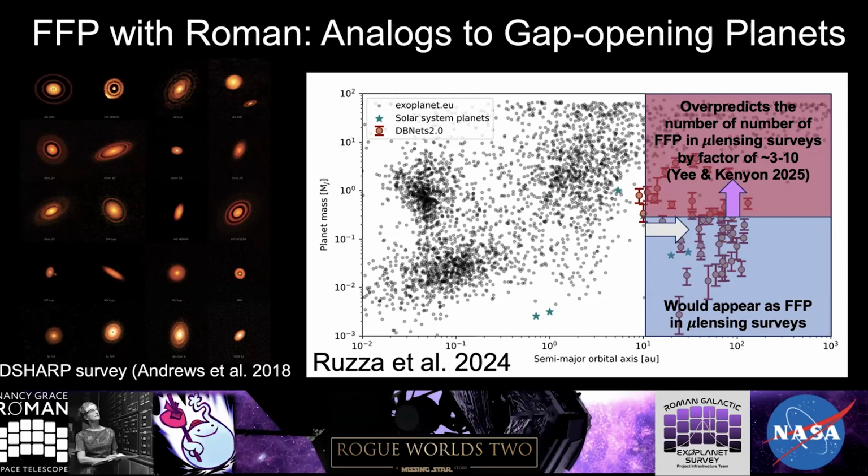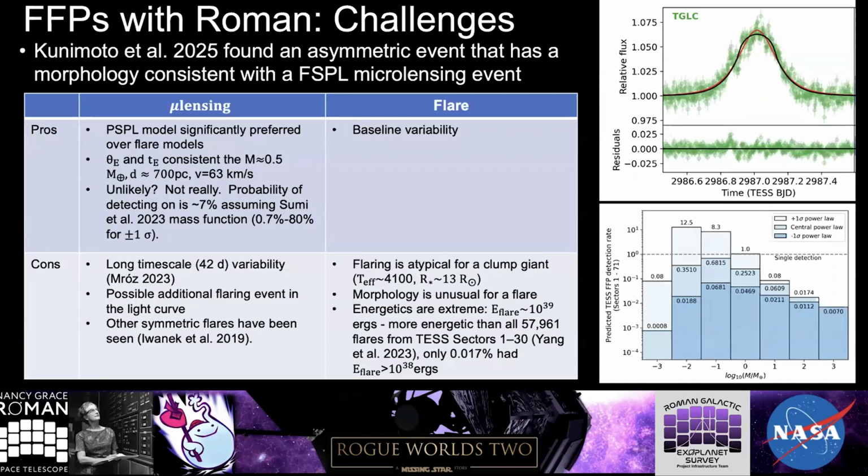So these all can't be planets, is the bottom line, or at least not planets of these mass. Now, other people would argue that they could be much lower mass if your viscosity is very low. If you have an inviscid disk, then it doesn't take very much to open up a gap. Anyway, we can probe that really well with Roman.